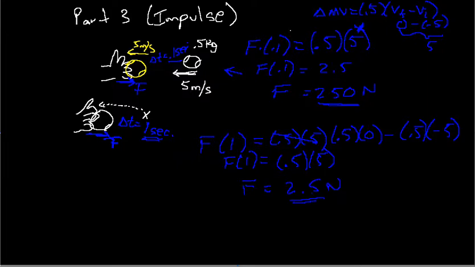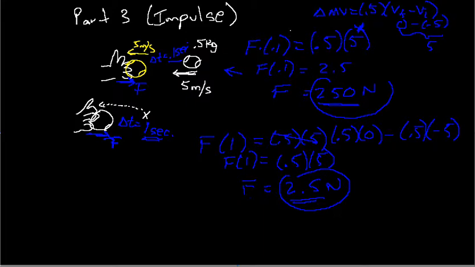All right? So which would you rather have your hand experience when you're catching a fastball? Would you rather have your hand experience 2.5 newtons or 250 newtons of force? The difference, of course, is up to you.